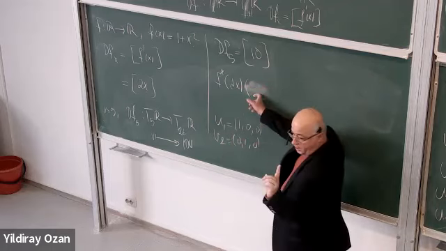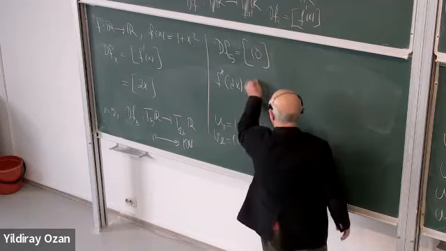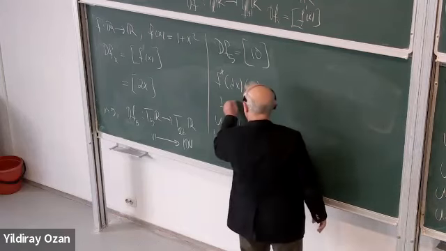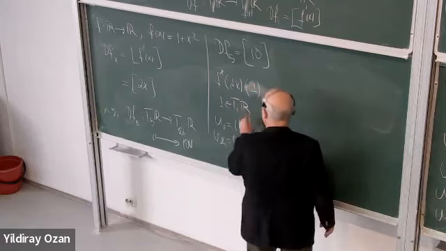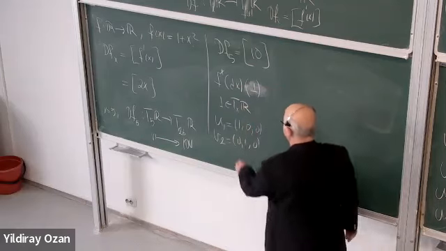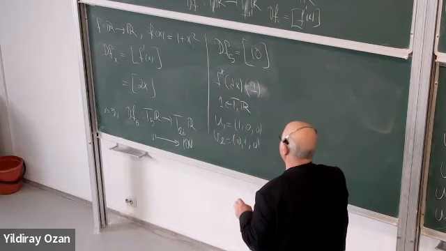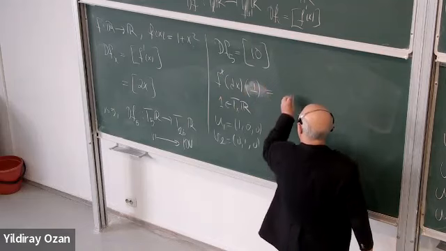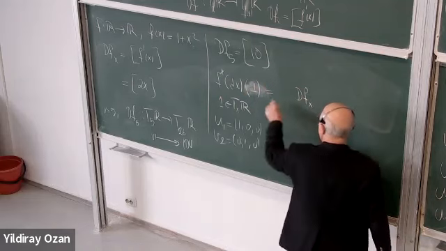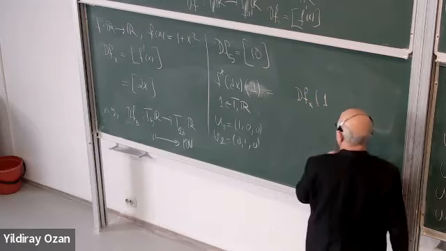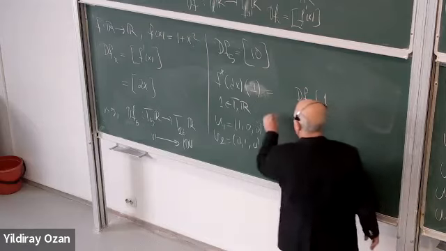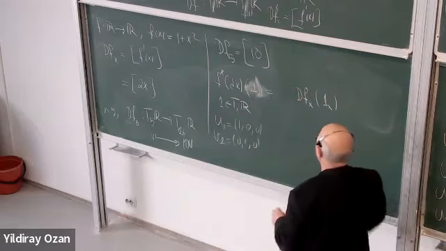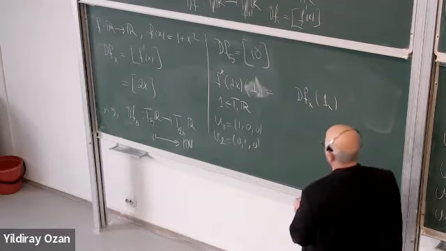Here I am in one dimension, so I just put 1 here, meaning that it is the unit vector at the tangent space to R at the point x. What is this? I map this unit vector at the point x via the differential of f.